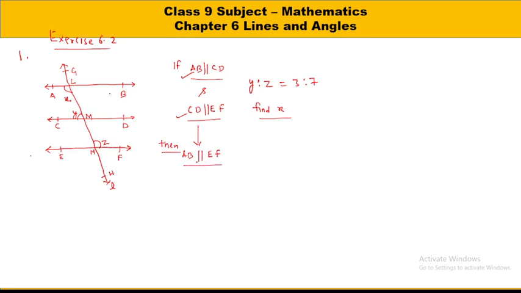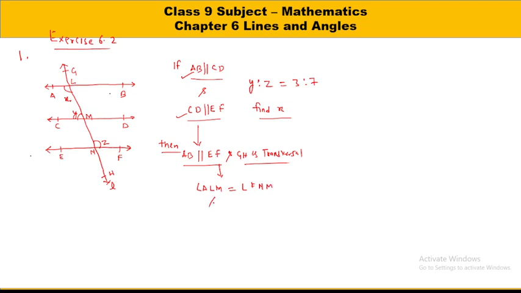If AB and EF are parallel and GH is a transversal which passes through them, then we can say that angle ALM will be equal to angle FNM.